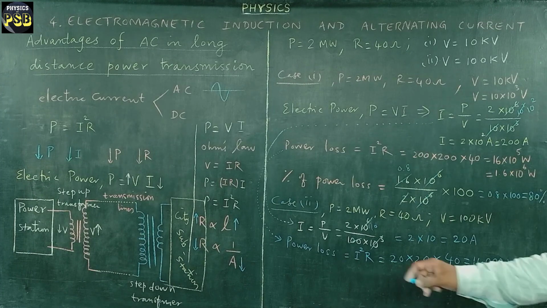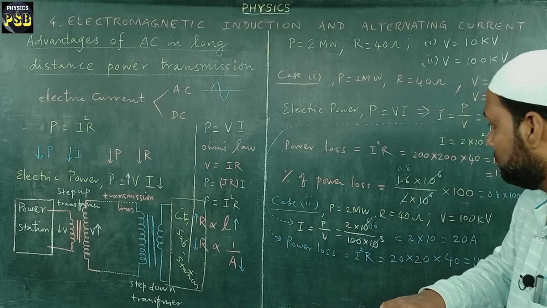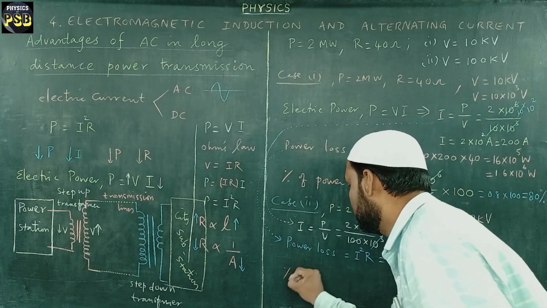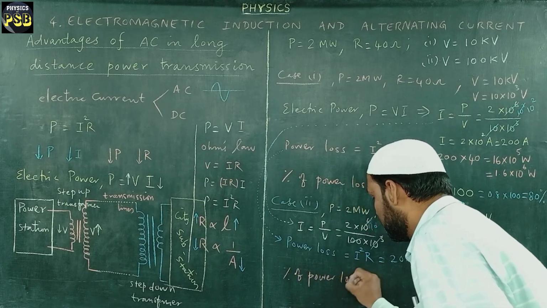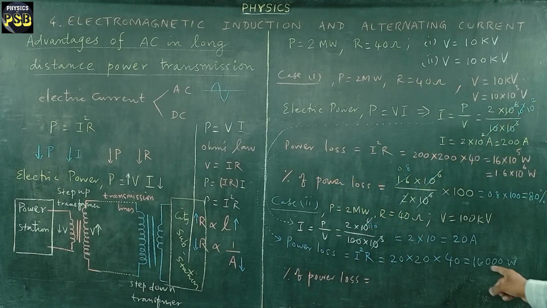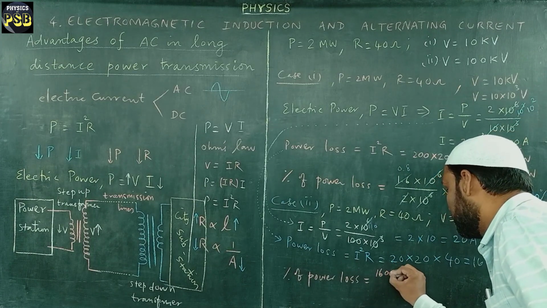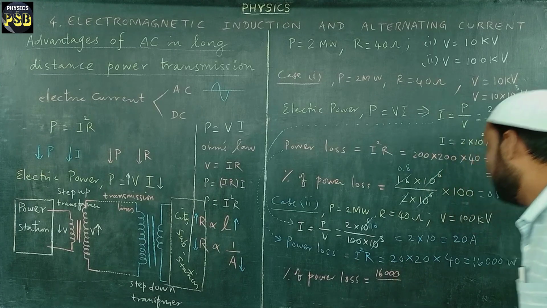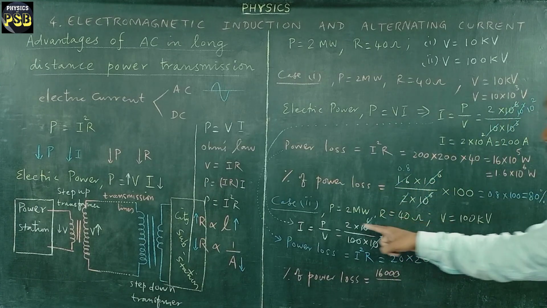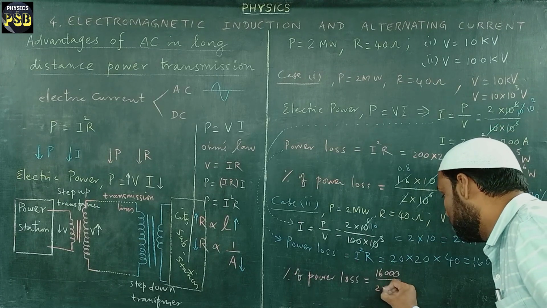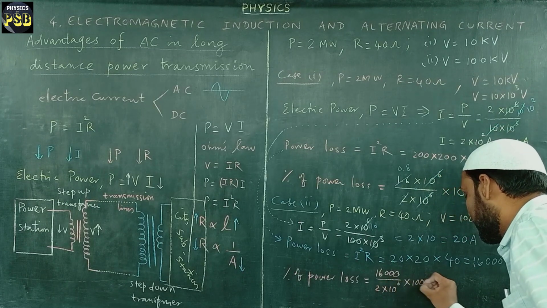Then the percentage of power loss. The percentage of power loss can be obtained if we divide this 16,000 by the total power transmitted, which is 2 mega, 2 into 10 power 6, multiplied with 100.